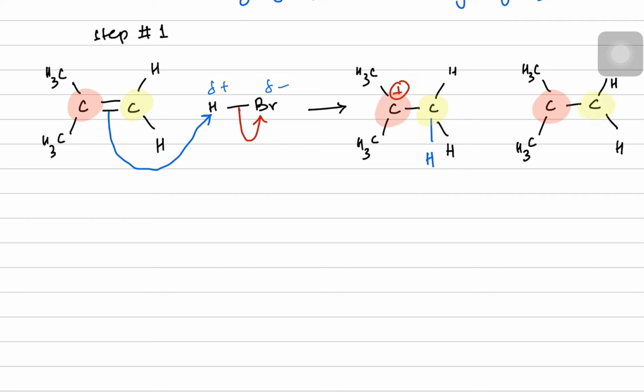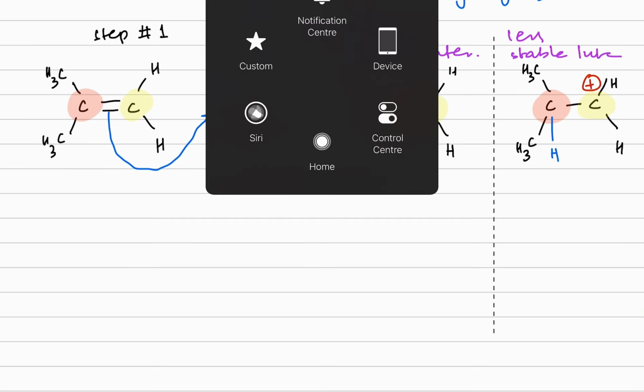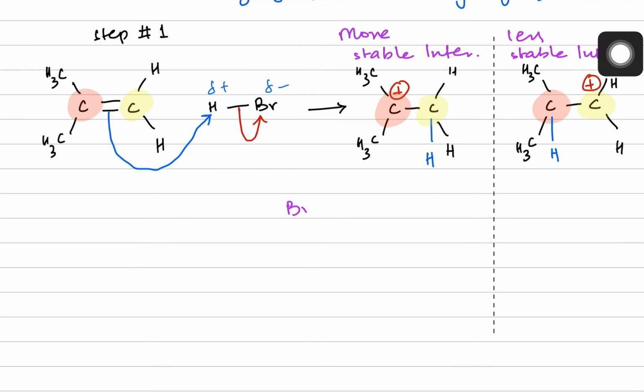Let's do the red and yellow thing again. And the yellow carbon becomes positive because hydrogen is attached to carbon 2. These are the two possibilities. Then we said one of them is a more stable intermediate, the other is a less stable intermediate. Then we said the bromide nucleophile can attack in both scenarios. We make an arrow from the lone pair, so either like this or that.